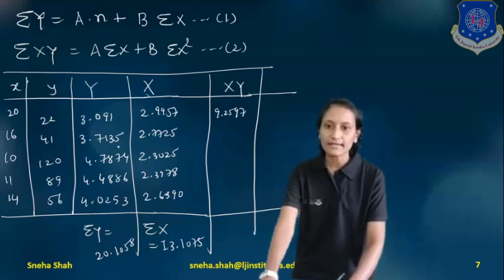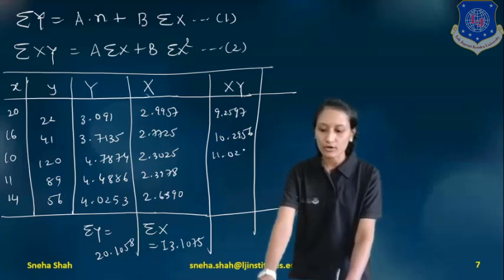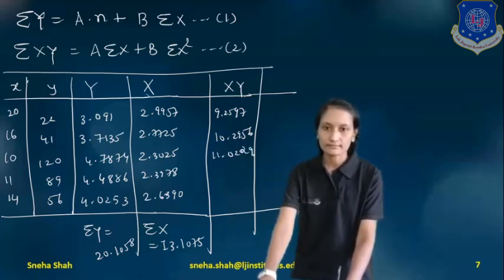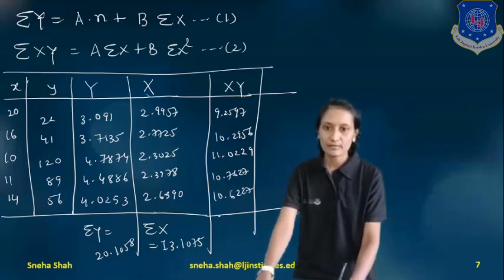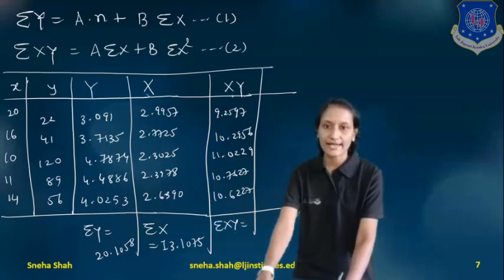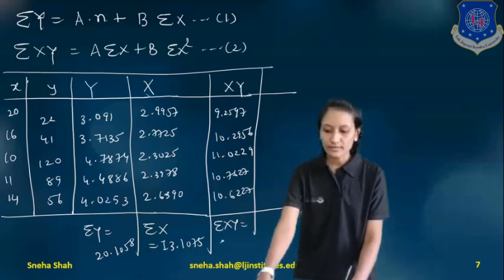Similarly, if I am multiplying these two terms, the term will be 10.2956. Likewise, I will find all the other values. The last value will be 10.6227. Now, if I am finding the summation of all this, it will give you the output as summation xy, right?